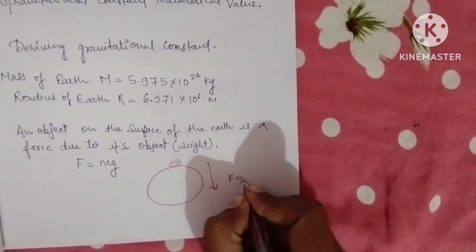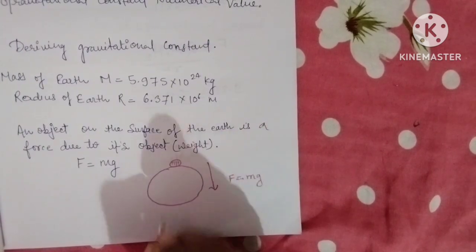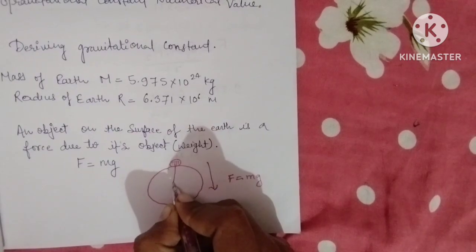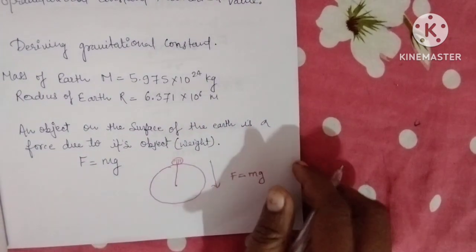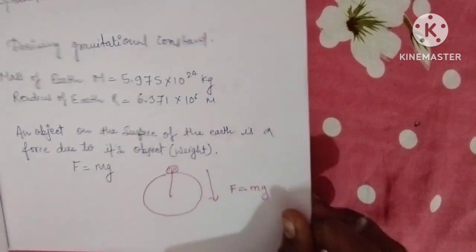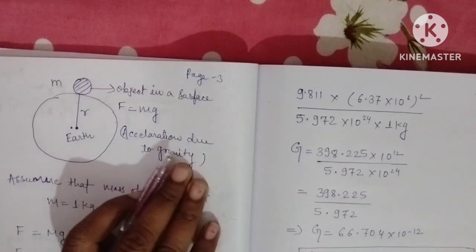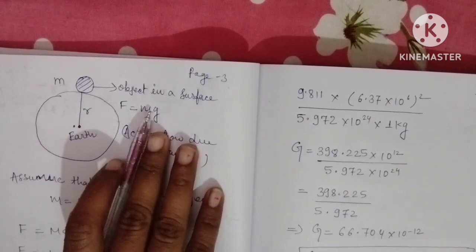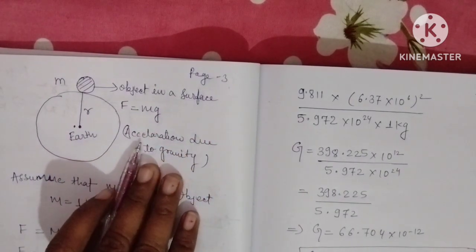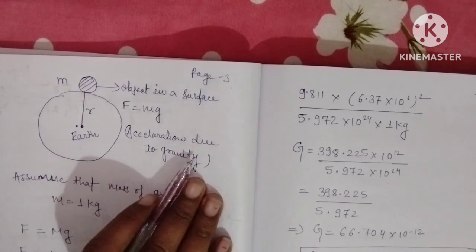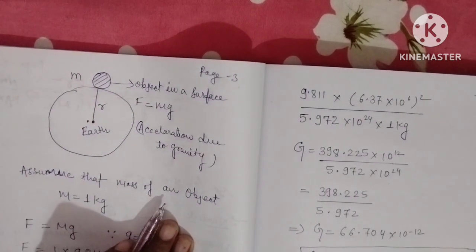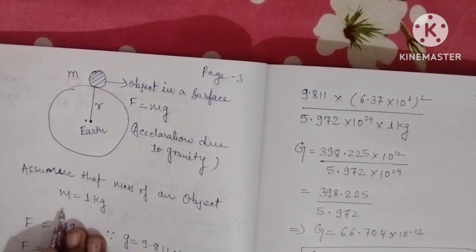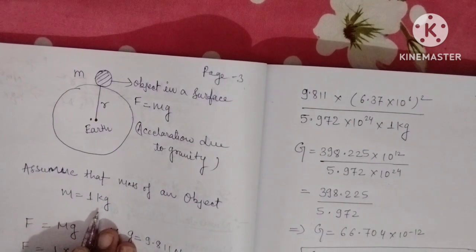F is equal to mg, where g is the acceleration due to gravity. Assume that the mass of the object m is equal to 1 kg.